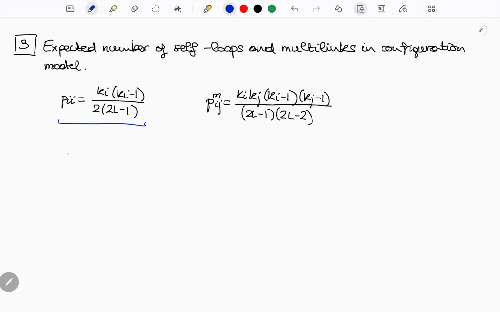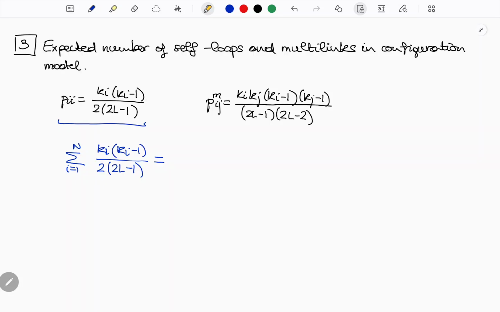So the expected number of self-loops is going to be the addition from i equal to 1 to n of p_ii, which is ki times ki minus 1 over 2 times 2L minus 1. Now, in order to do this calculation, I'm going to assume that the network is large, and therefore instead of writing 2L minus 1, or 2L minus 2, I'm going to approximate it by 2L.